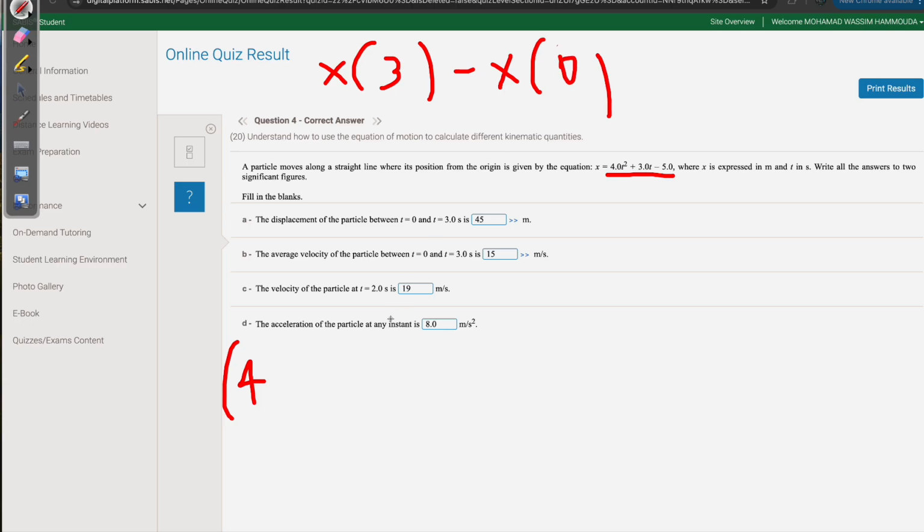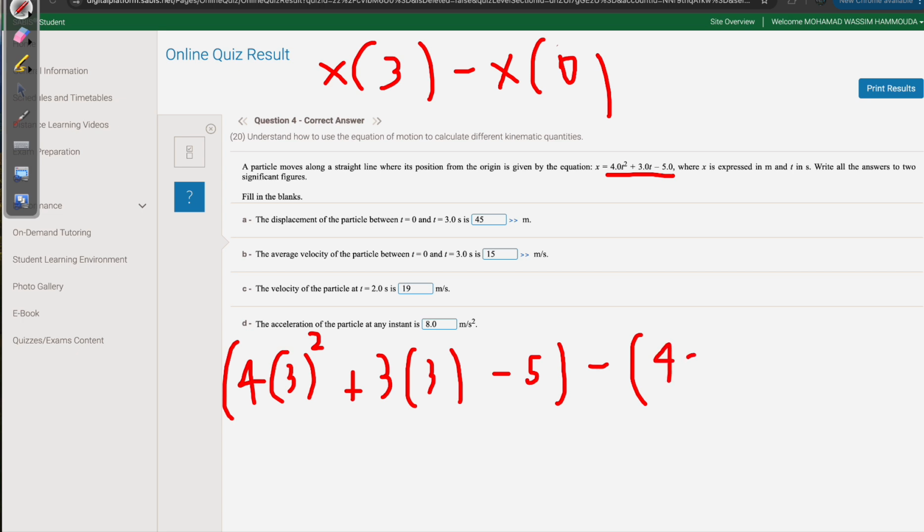So we're gonna do 4 times 3 squared plus 3 times 3 minus 5, all of that minus 4 times 0 squared plus 3 times 0 minus 5, which will give us 45 meters.